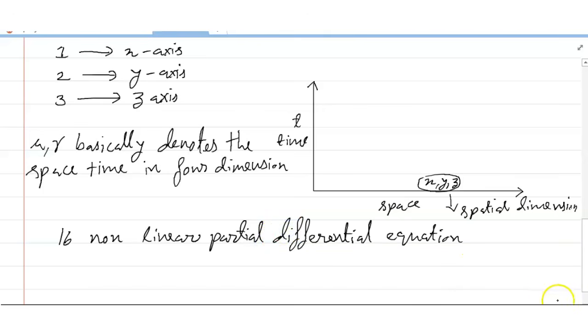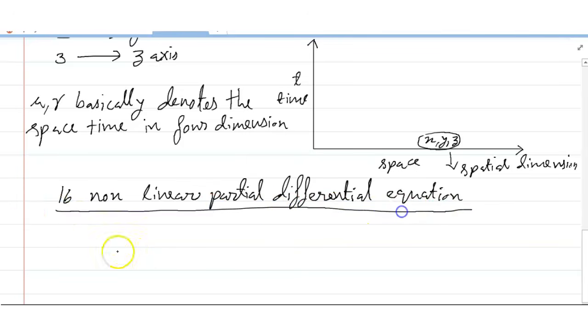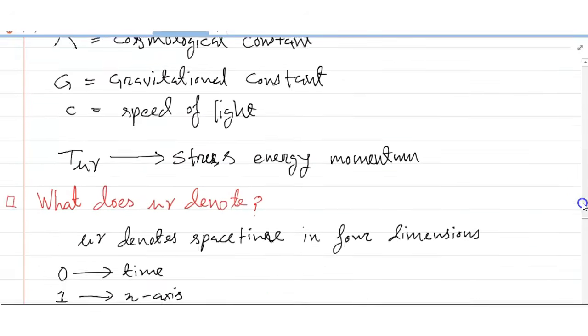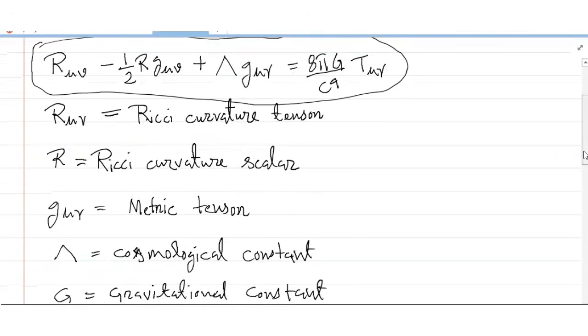So we will discuss what the non-linear partial differential equations are. Now we want to discuss number 1, R mu nu. So friends, I have already discussed this is the Ricci tensor. R mu nu is the Ricci curvature tensor.